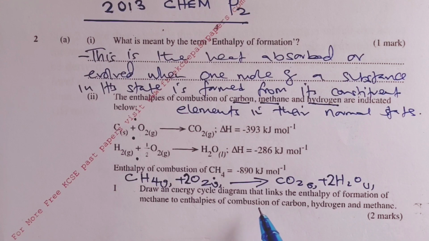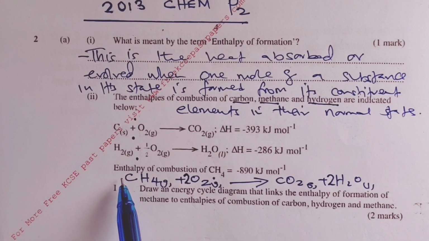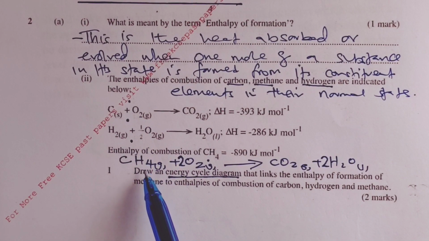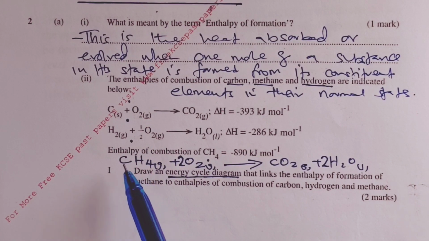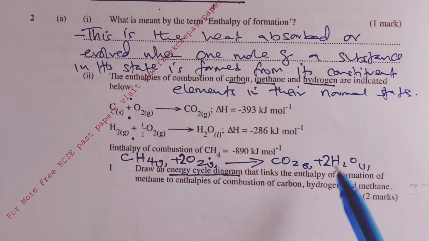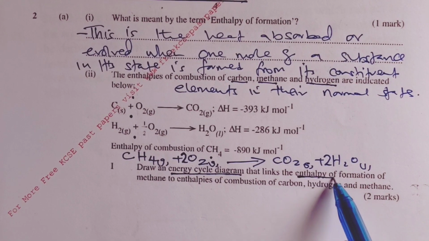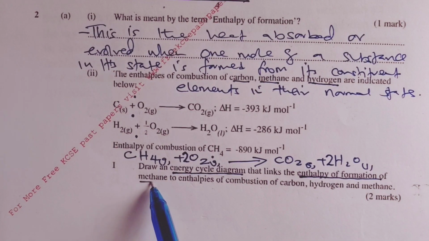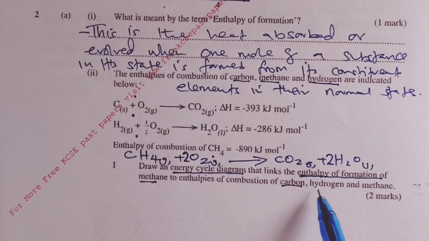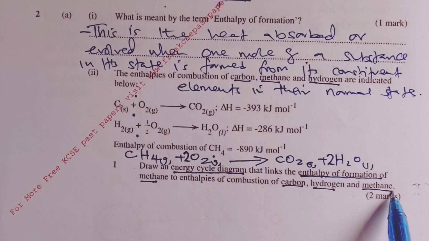As we do the balancing, we have to ensure that it is only 1 mole of methane that is being burnt. So now, armed with these 3 equations, we are asked to draw an energy cycle diagram that links enthalpy of formation of methane to enthalpies of combustion of carbon, hydrogen and methane.